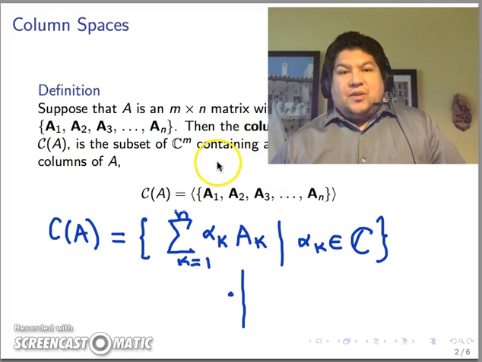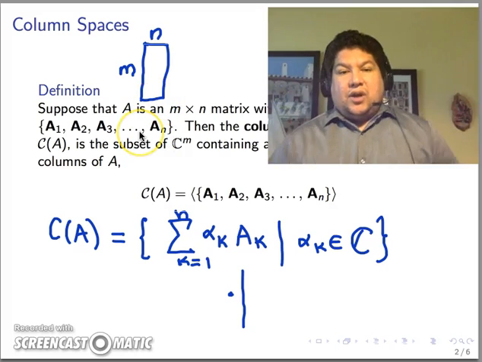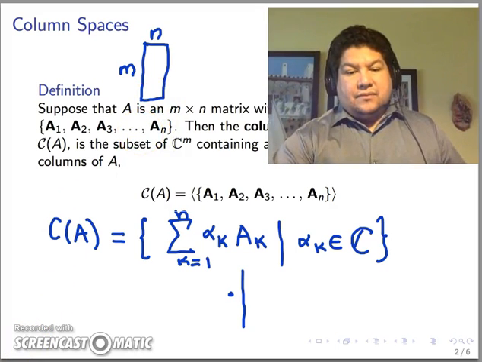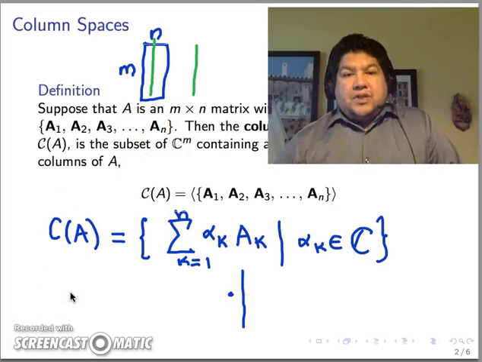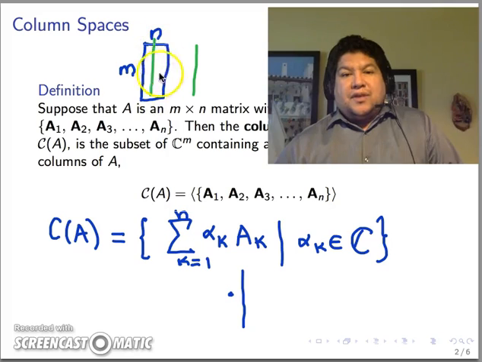So you have to pay close attention to the dimensions. We're assuming that A is a matrix that looks like this, right? So it has m rows and it has n columns. That means that each column of this matrix with m rows and n columns, I'm drawing here the column in green, pardon my imprecision there.